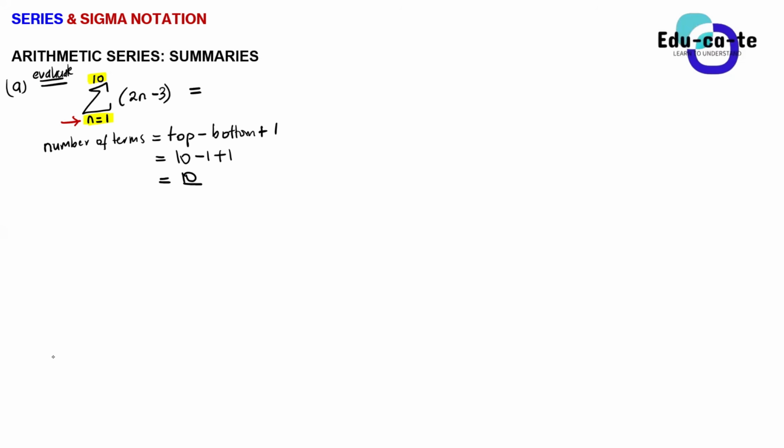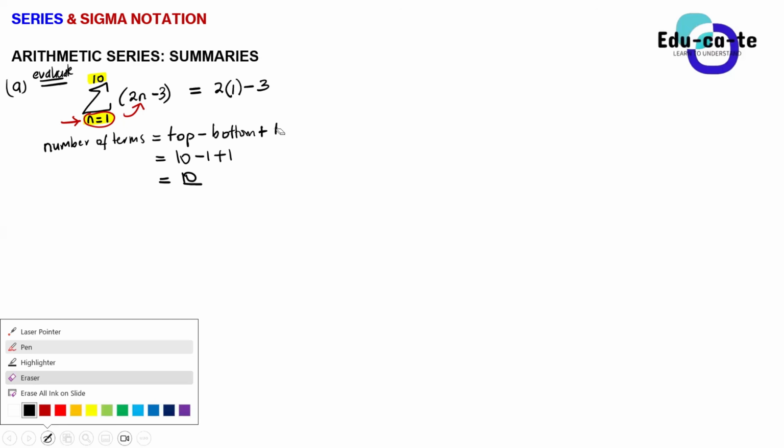To expand it, what do you do? You first substitute n is equal to 1 into this general term. So where there is n, I'm going to start by substituting n is equal to 1. So this is going to be 2 times 1 minus 3. Do you see, guys, that I started by substituting n is equal to 1?